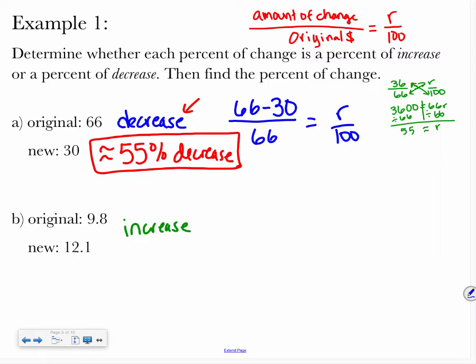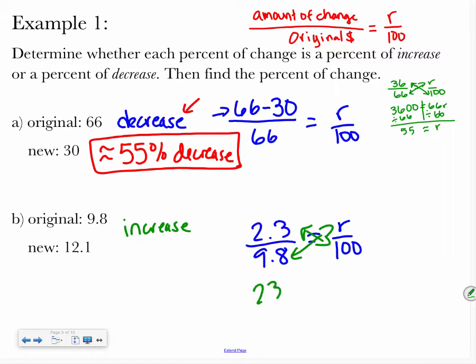From 9.8 to 12.1, instead of writing it the same way that I did up here, I'm just going to write how far apart those numbers are. So if I do 12.1 minus 9.8, I know that they are 2.3 away from each other. And then I put it over my original price of 9.8, and I set that equal to my ratio of r over 100. Now if I cross multiply, I'm left with 230 equals 9.8r.